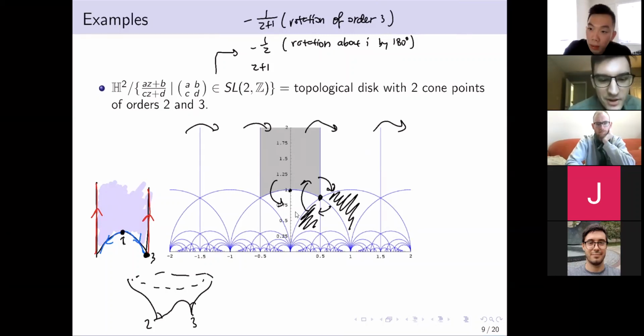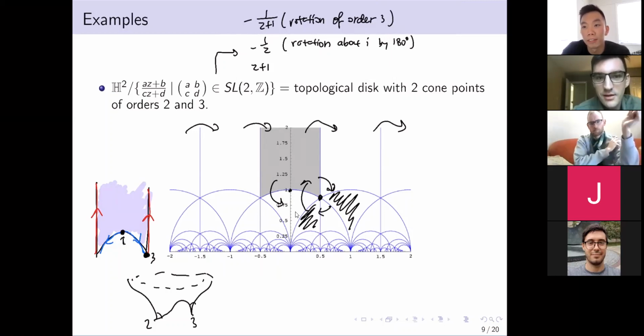I guess my question is, when we do this gluing and we have one point here which has an isotropy group of order 3, right, and another one that has order 2, how are these groups acting? I understand how they're acting on the upper half plane, but after we perform the gluing, this is an object which doesn't live in the upper half plane anymore.